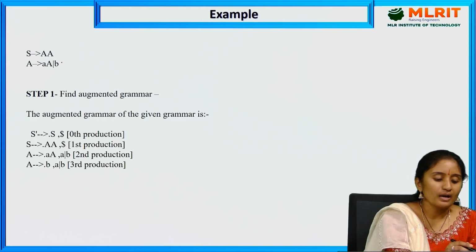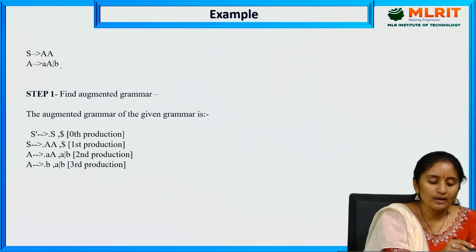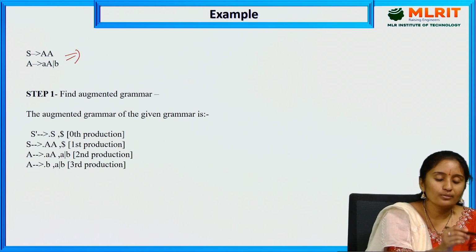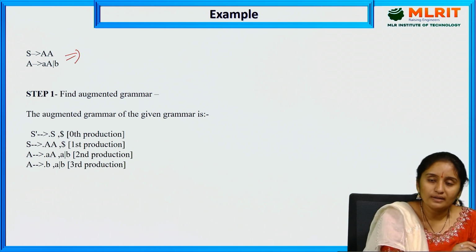So we are going to take one example: S tends to AA, A tends to aA or b. This is my original context-free grammar, and now we are going to convert it into augmented grammar.